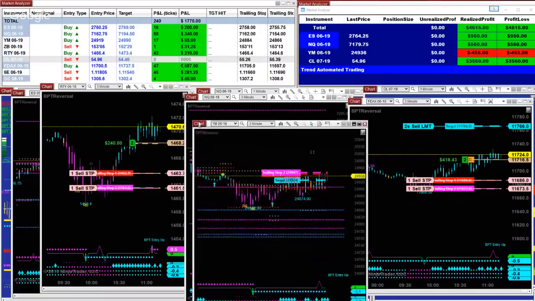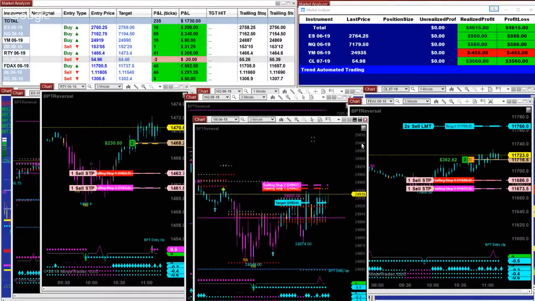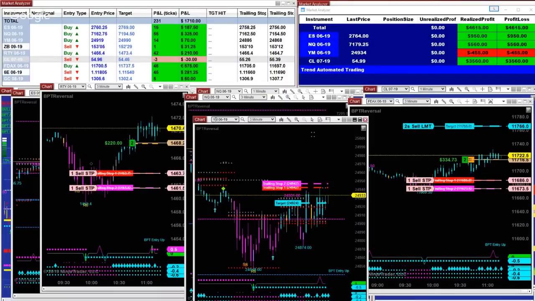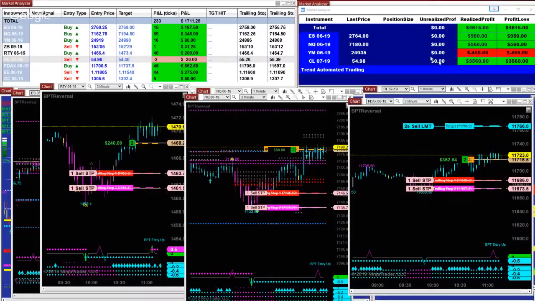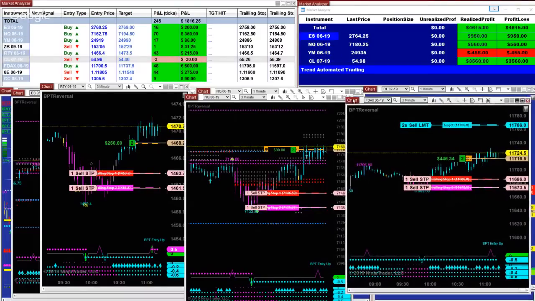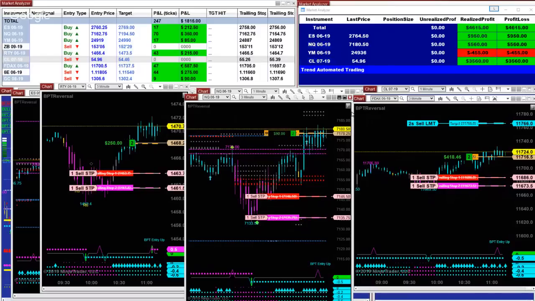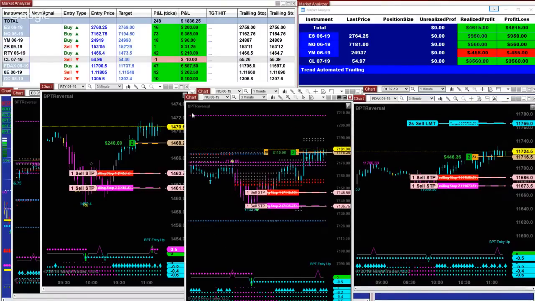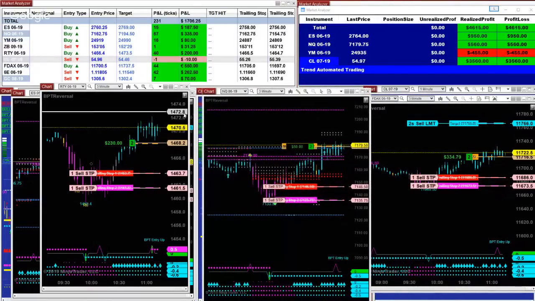The YM has not even taken a new trade on the 3 minutes. On the 3 minutes it is coming to take a trade, but at the moment the DAX is long, and the Nasdaq entry point is at 78.25, and it's too late for the Russell.